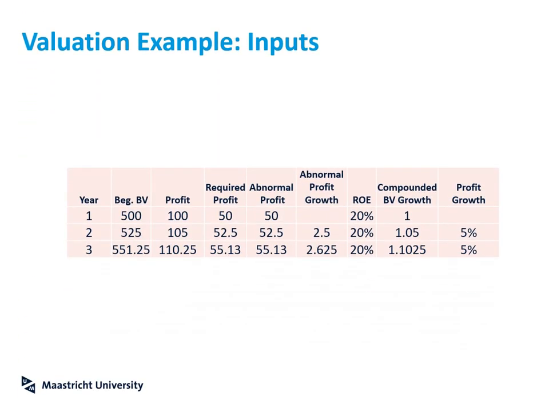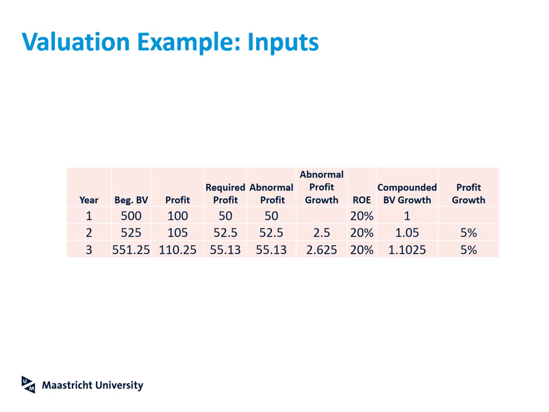We use this information to determine all the inputs that we need in the valuation process. So we begin with a book value of 500. On that we earn a profit of 100, which means that the abnormal profit is 50. The cost of equity was 10%. 10% of the 500 beginning book value gives us this required profit of 50, which also means that there is 50 left as abnormal profit.